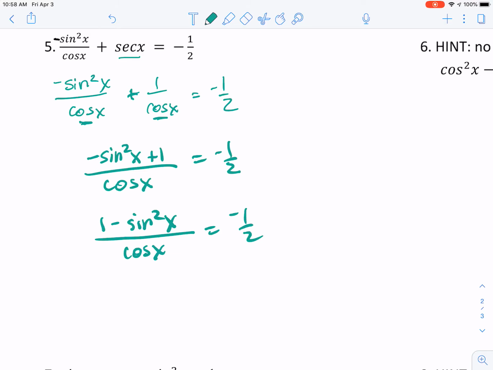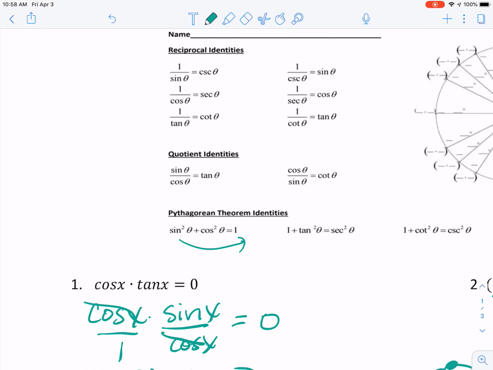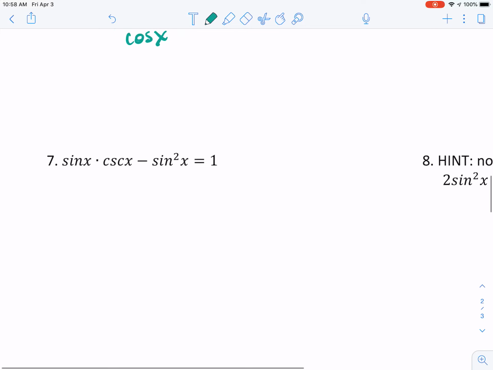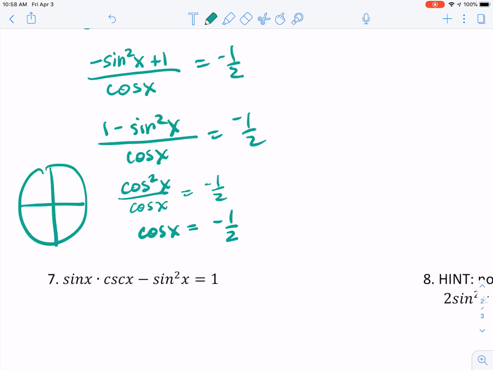Now I can look at my Pythagoreans. 1 minus sine squared is equal to cosine squared. So I'm going to replace the numerator with cosine squared x over cosine x, and that reduces to cosine x equals negative 1/2. I'm going to come over here and think about my unit circle.